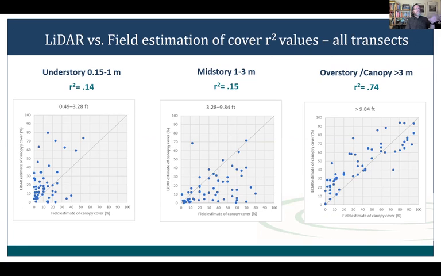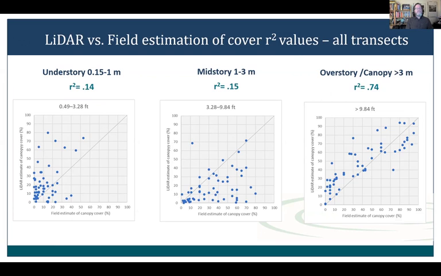You can see for the understory layer, which is basically 0.5 feet to 3.28 feet, or 0.15 to 1 meters, the LiDAR data tend to overpredict the amount of cover in this analysis. For the mid-story layer, we also have a pretty low R-square. And in this example, you can see that the LiDAR is under-predicting the amount of mid-story canopy.